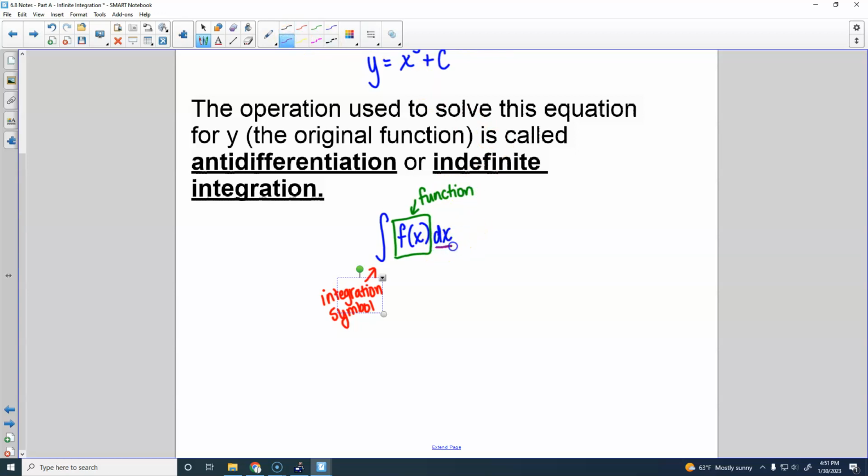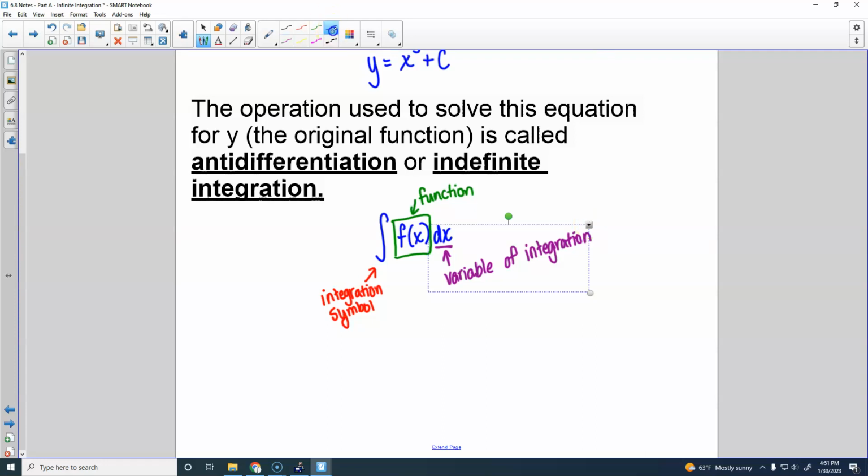And for this part, this dx here, this is just our variable of integration. That variable of integration is important to have there because it can change what your answer looks like.